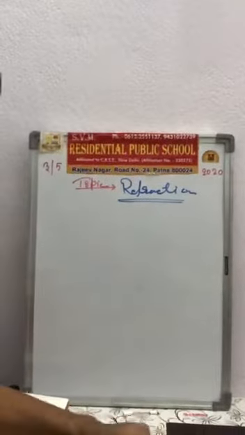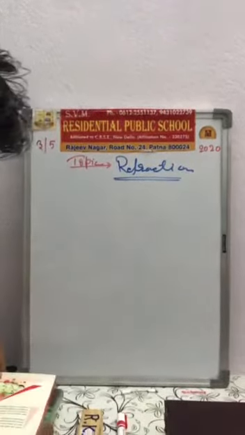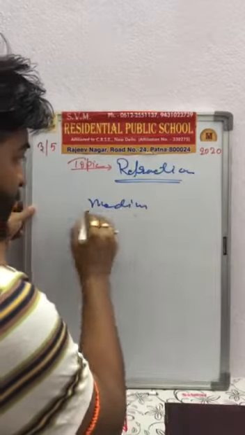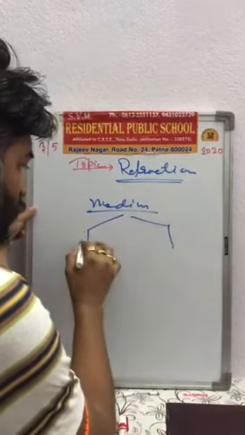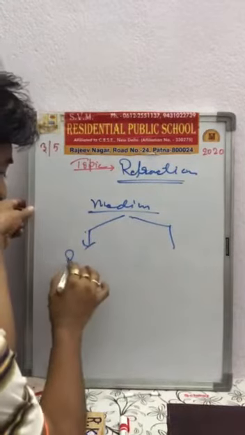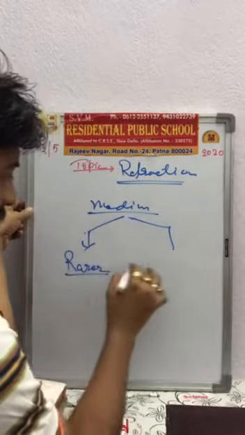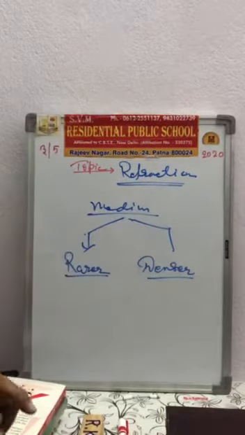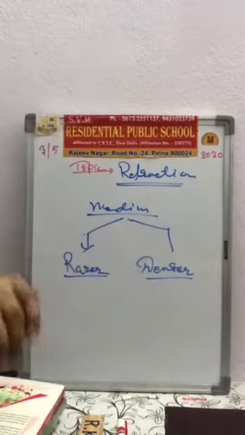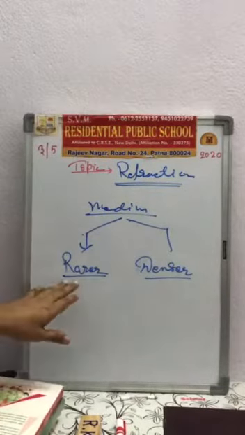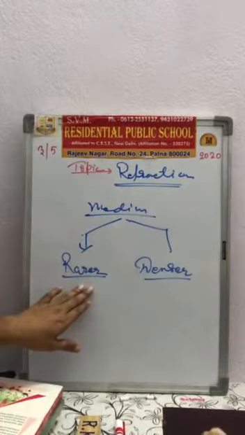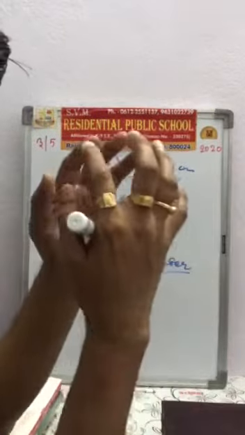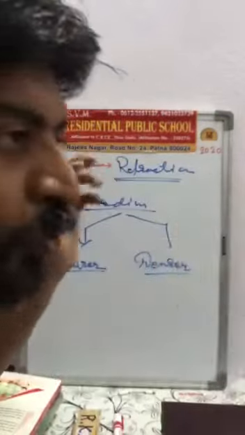When light passes from one medium to another, the media are divided into two groups. First is rarer and second is denser. Firstly, you should know about this. Rarer means having less density, that means the molecular gap is more.